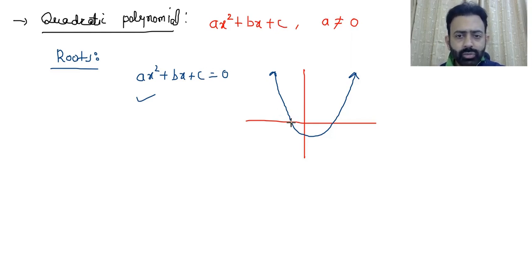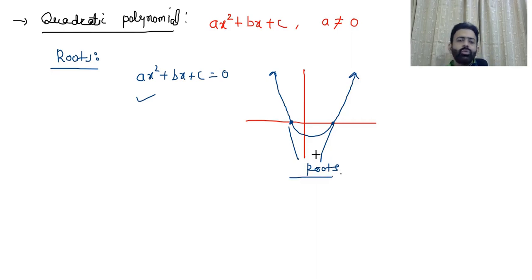These are the roots of the quadratic polynomial. These roots can be distinct in this case and real. Real in the sense that it will definitely cross the x-axis. You will find distinct roots for this.